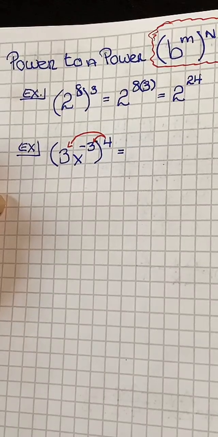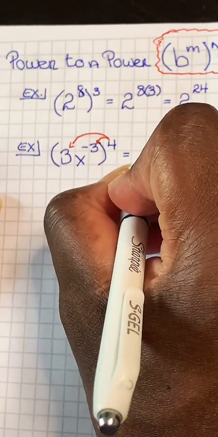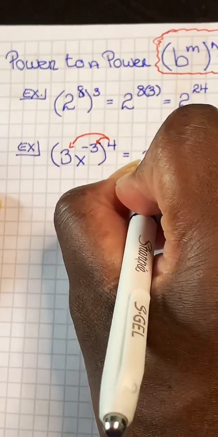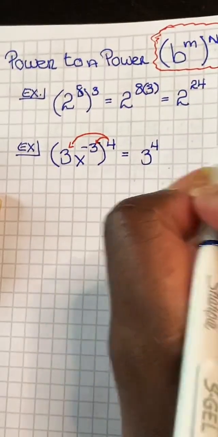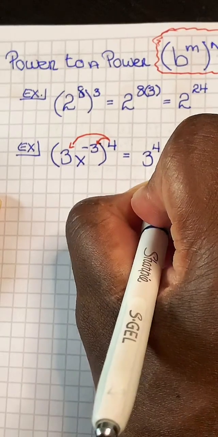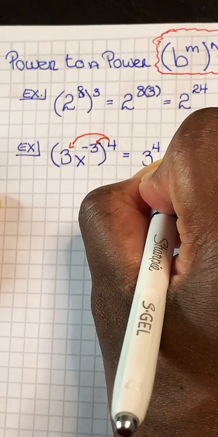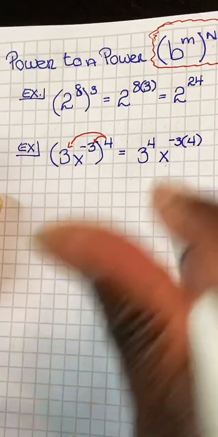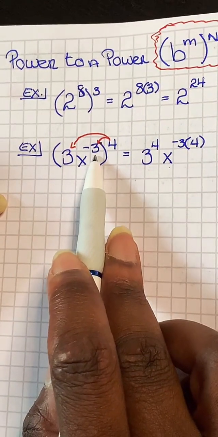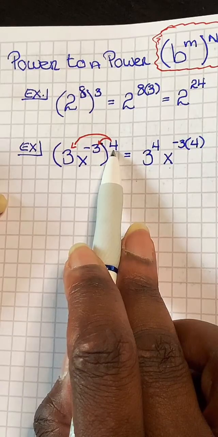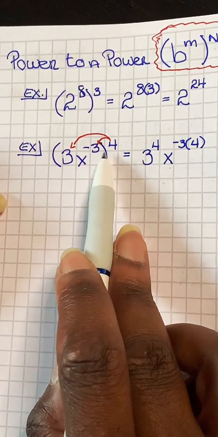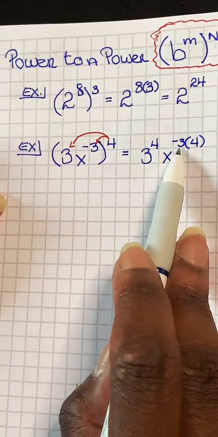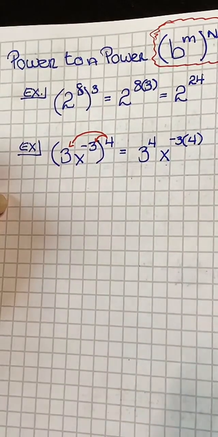So it's going to look something like this. We have 3 raised to the 4th power times x raised to the -3 times 4. Because remember, when you have a power being raised to a power like this and separated by a parenthesis, you are multiplying those exponents.